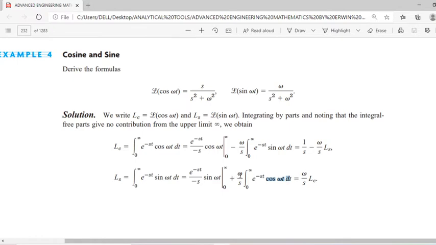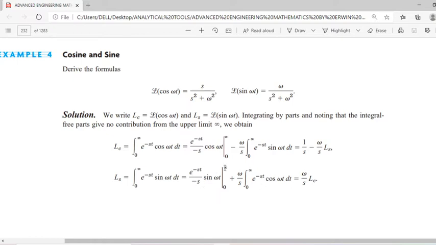That omega is taken outside and cos omega t is written here. Then the integral of e raised to minus st is e raised to minus st by minus s. One minus sign will be there inside the integral, and already a minus sign is outside the integral, so that will become a plus sign. So omega by s integral 0 to infinity e raised to minus st cos omega t dt.